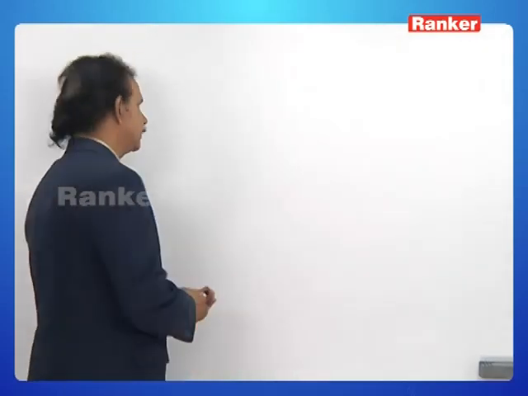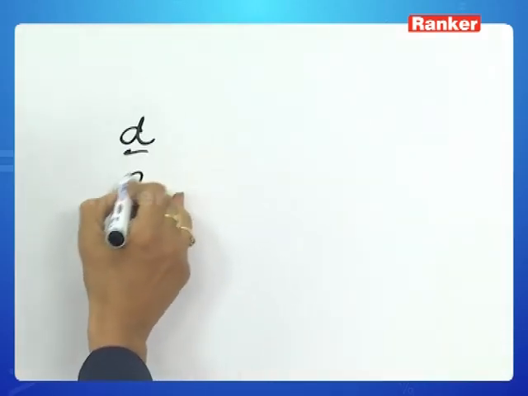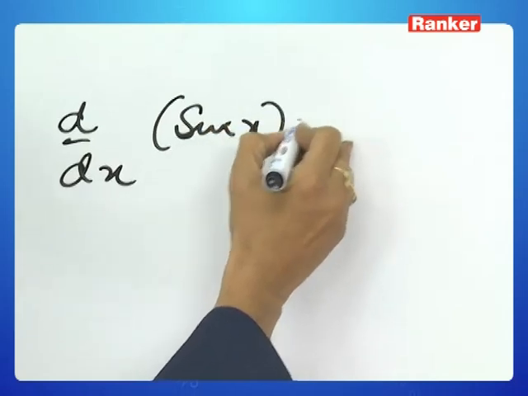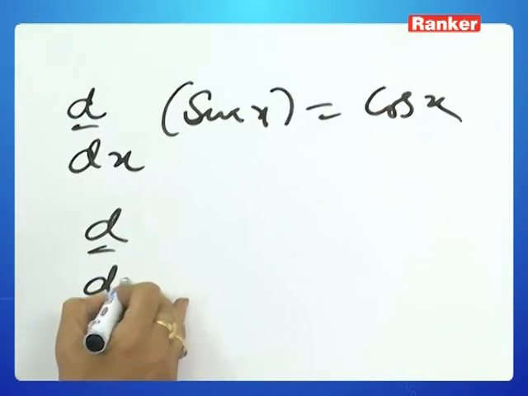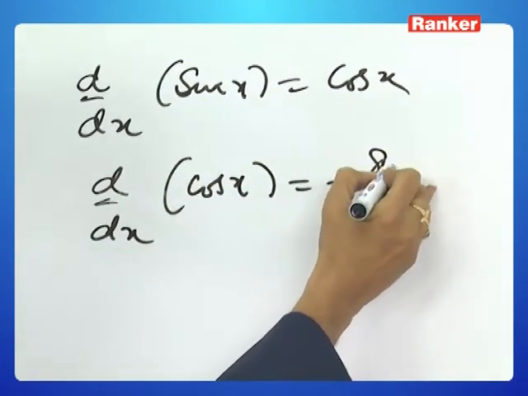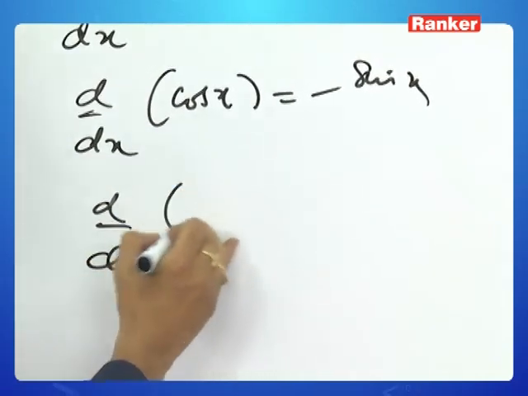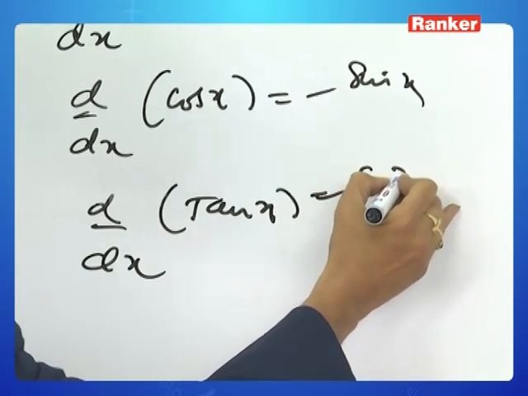Trigonometric functions. We all know that d by dx of sin x is cos x. d by dx of cos x is minus sin x. The derivative of tan x is secant square x.